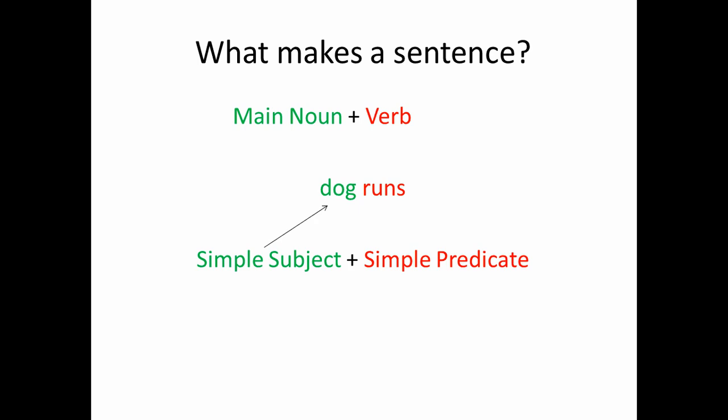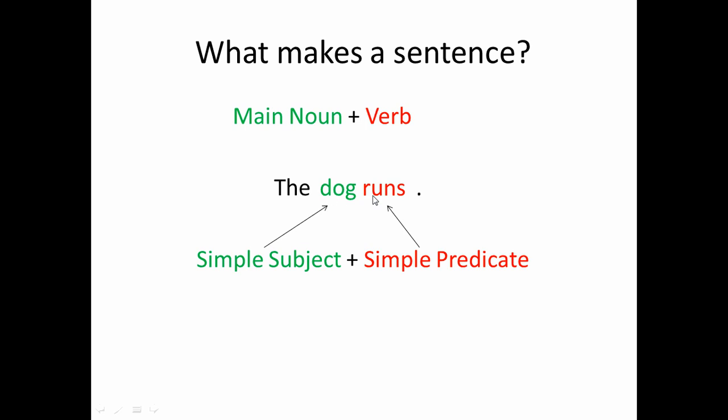In this, dog runs. Dog is the simple subject. Runs is the simple predicate. It tells who or what, and then it tells what it does. Then to make it a complete sentence, we add the article the, and of course we put a period at the end of the sentence.